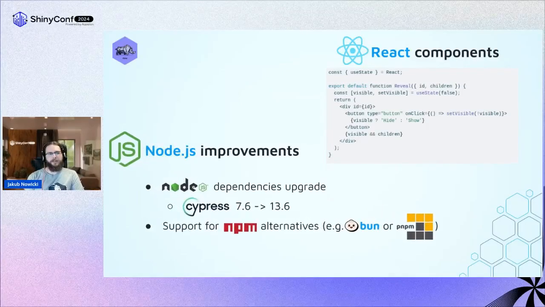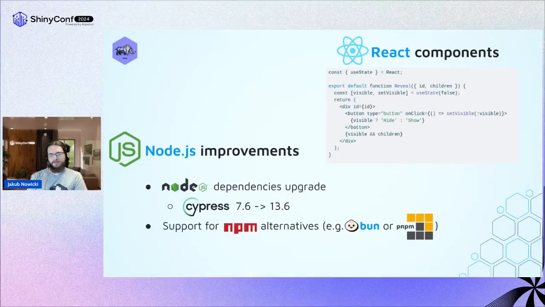And the second thing that happened related to JavaScript is a set of improvements in Node.js. We upgraded dependencies, so every tool like Webpack and Stylelint should work more smoothly. But the thing that probably will affect you the most is the change in Cypress.